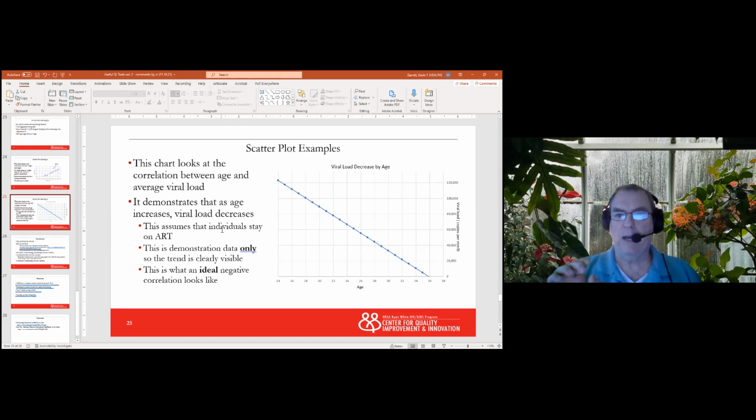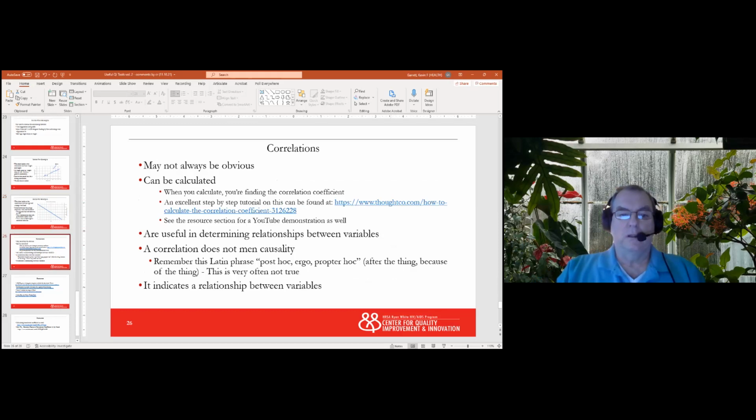So you have a real mathematical, precise measurement of what the correlation is. The reason why, again, you would calculate is because it may not always be obvious what the correlation is or the strength of the correlation.